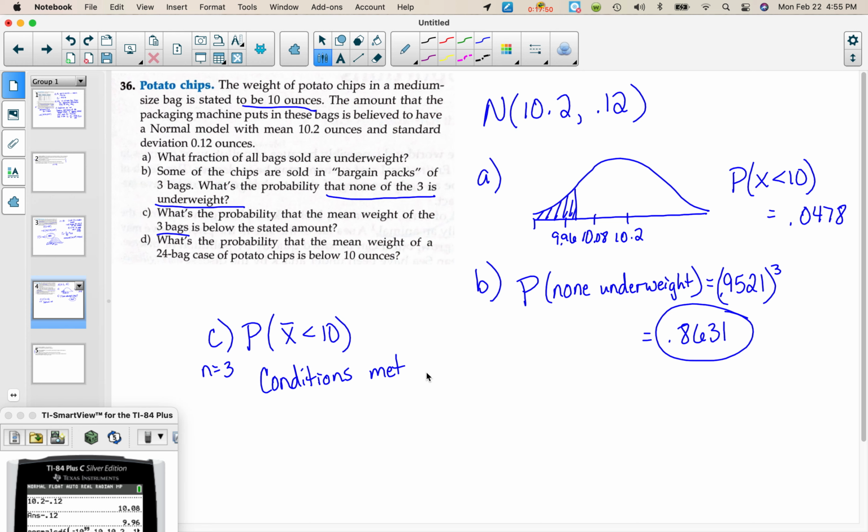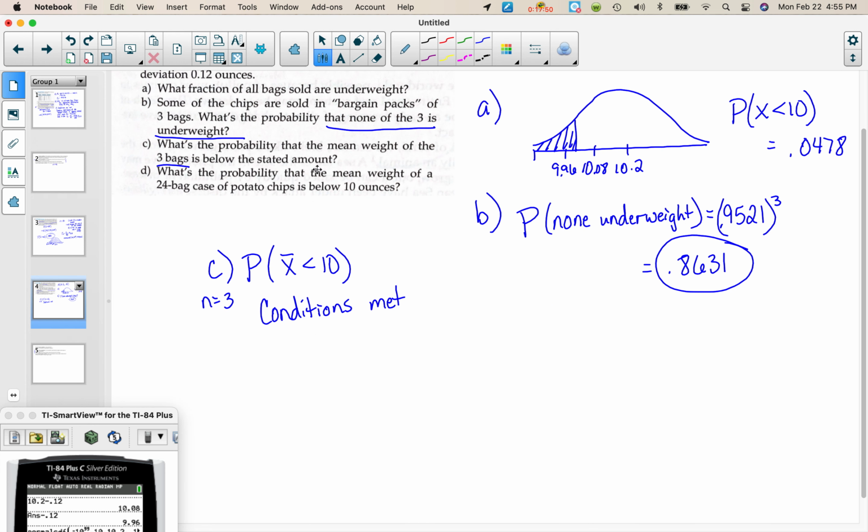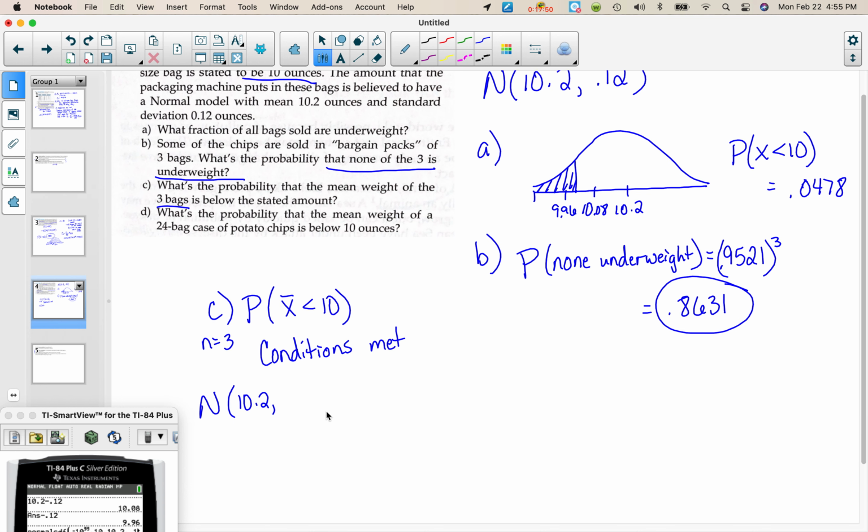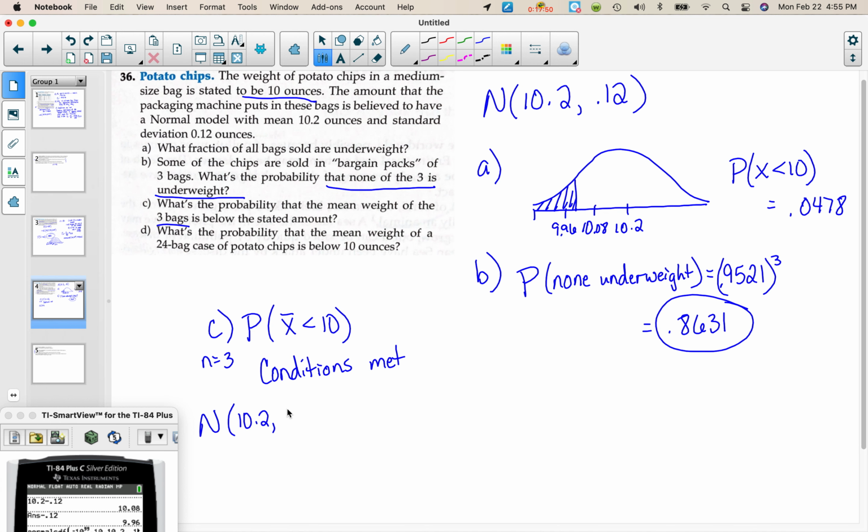So that means my distribution is approximately, nope, it's normal. I don't need the approximation, and I don't want to use it if that's not appropriate here. It's normal with a mean of 10.2 and a standard deviation of 0.12 divided by the square root of 3.